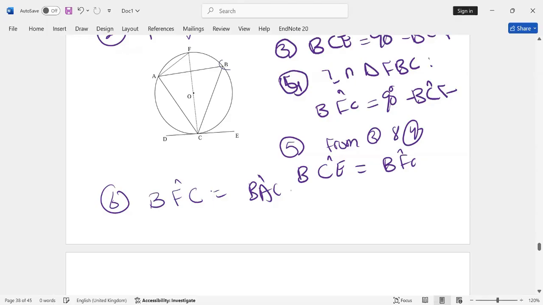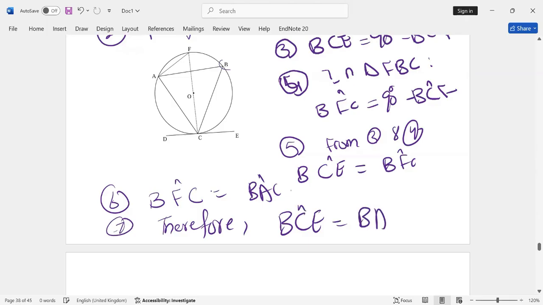Okay. And the seventh point is that, therefore, BCE equals BAC. Okay, this is the thing that we have to prove in this. Alright.